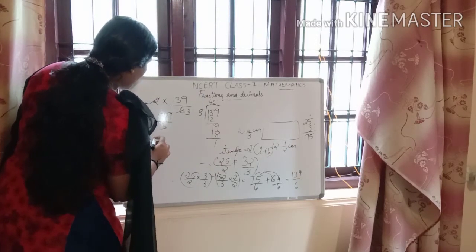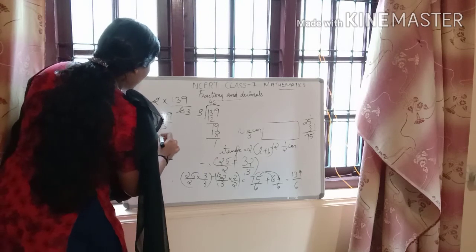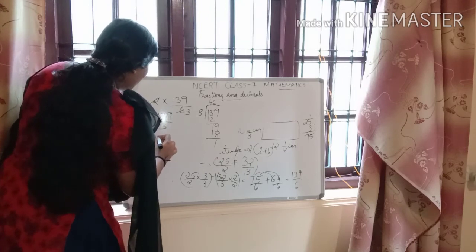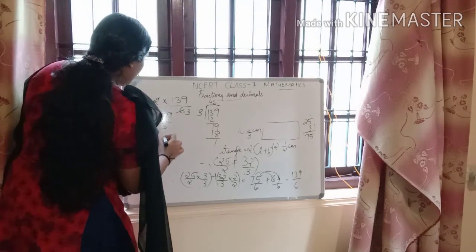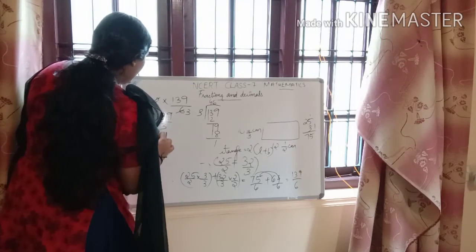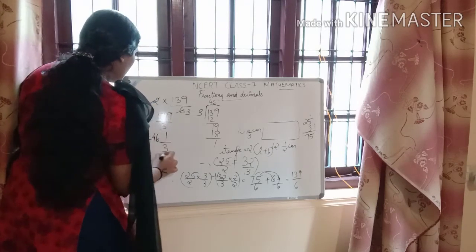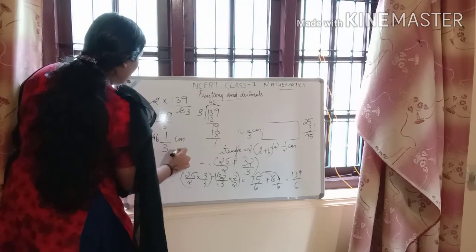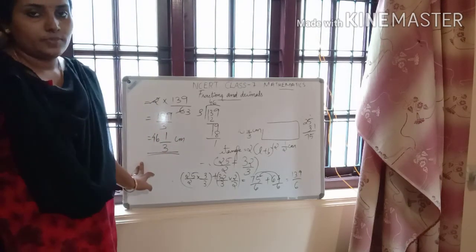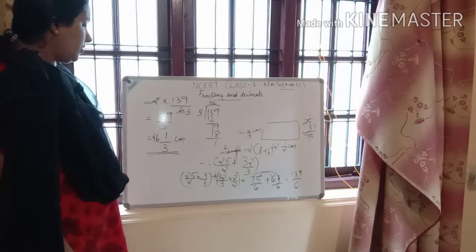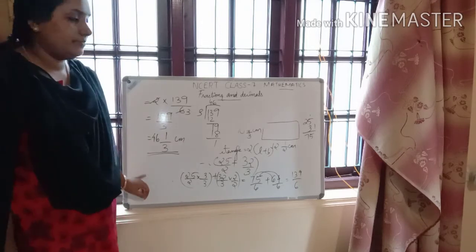So the perimeter of the rectangular sheet is 46 with the divisor 3 and remainder 1. Do you get this answer? Yes.